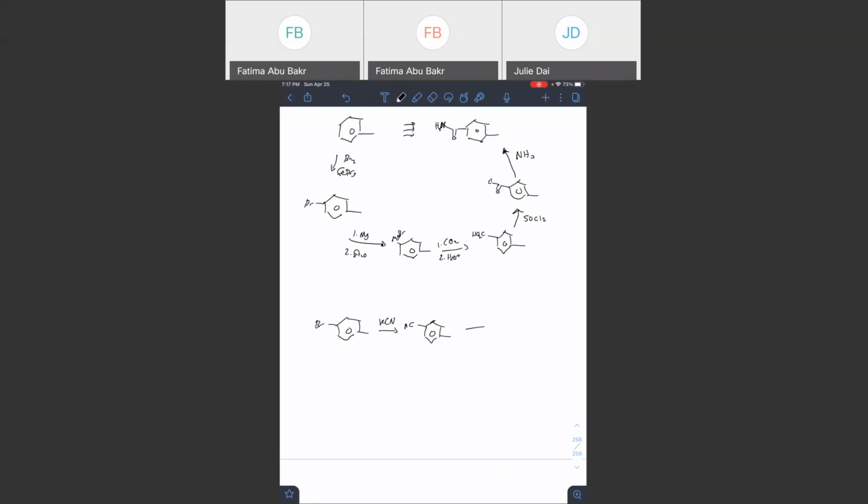And then from there, it's just heat, I believe. Maybe acid. I'm not sure on that one, but something like that. And that just turns into an acid for you, CO2H. So that's another option.